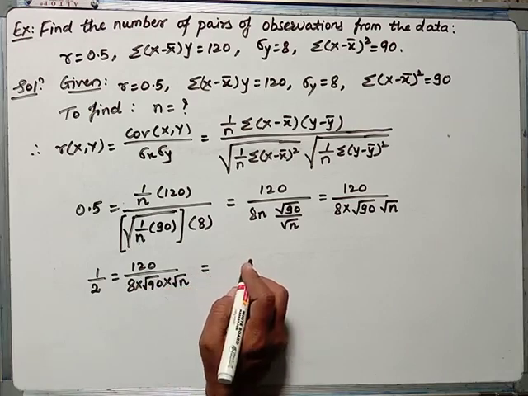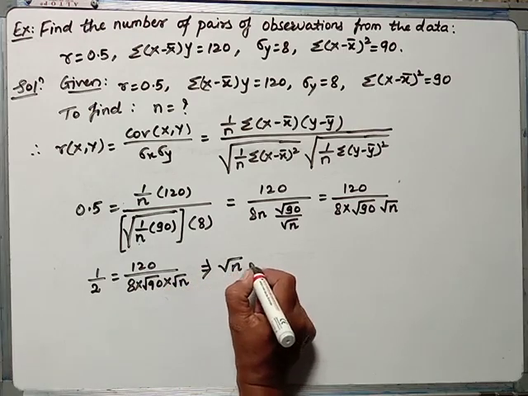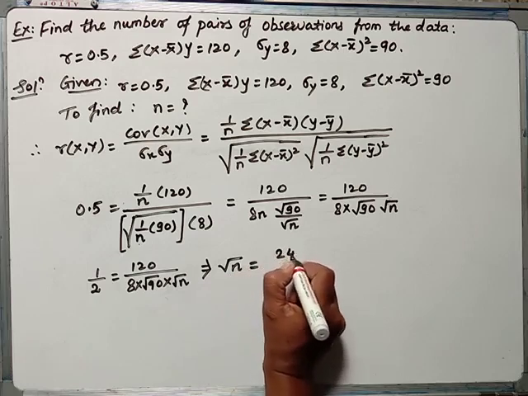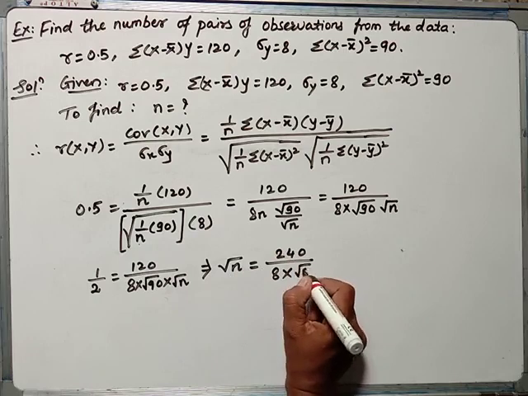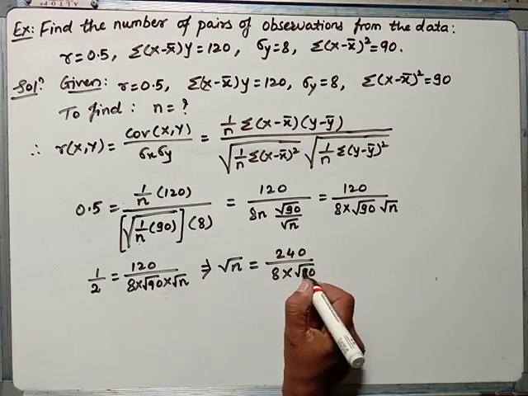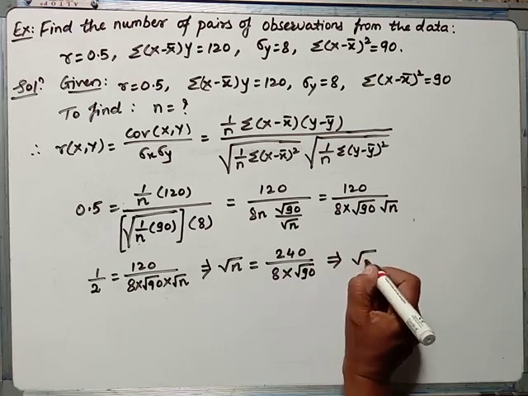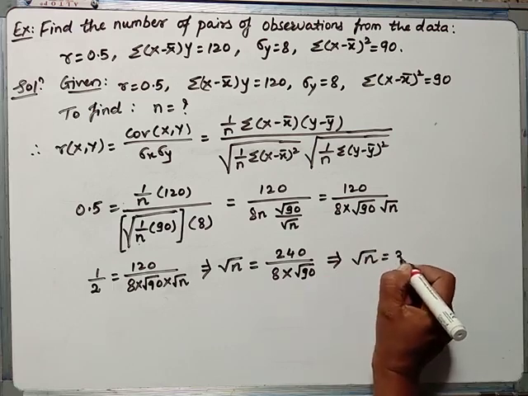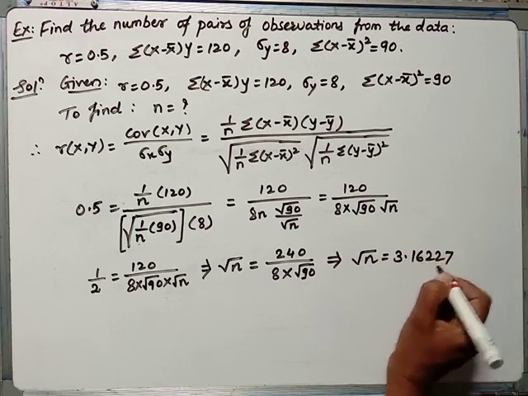This is the same as square root n is equal to 240 upon 8 into square root 90. This gives us square root n is equal to 3.16227.